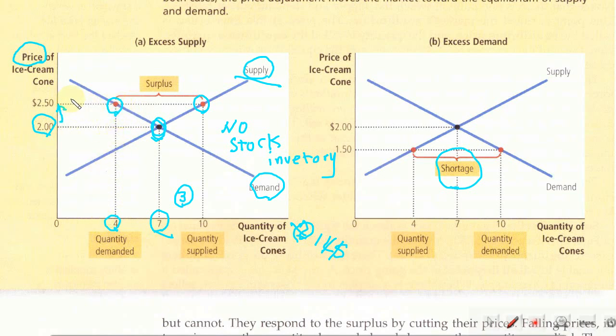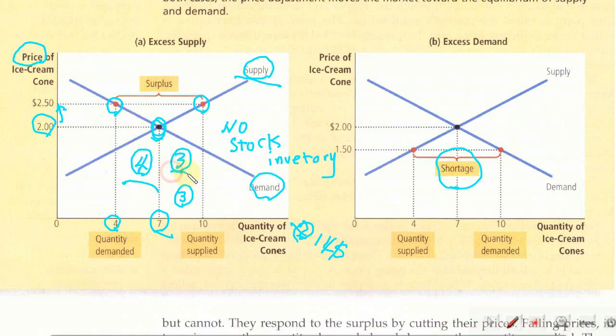As the price increased, then we have a gap. What gap? Look at this. This is 4. The demand for ice cream reduced, and then a surplus of 3 ice creams remains.